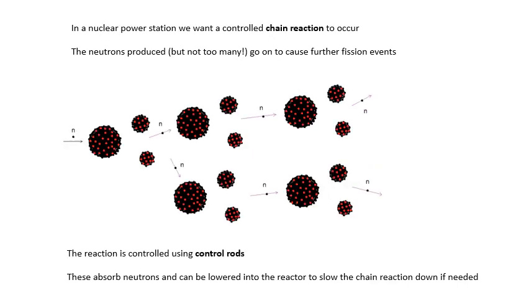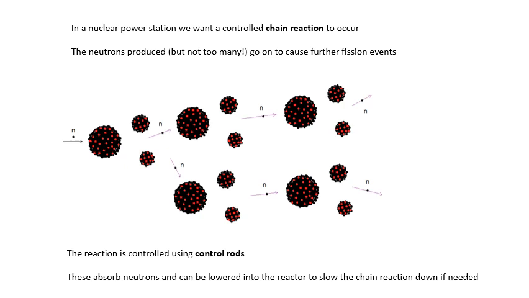In a nuclear power station, what we want to happen is called a chain reaction. I told you that 2 or 3 neutrons are produced. Well, what could happen is that one or more of these neutrons might be absorbed by another U-235.